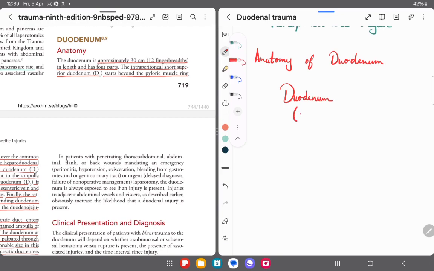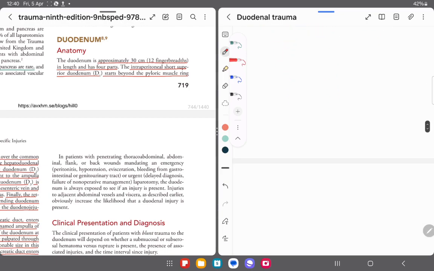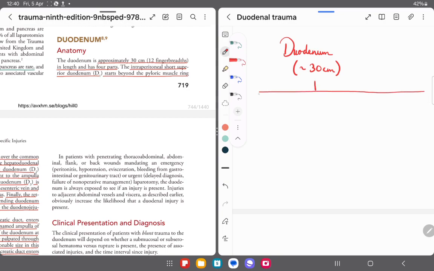How much is the length? Approximately 30 centimeter, and duodenum has 4 parts. So we have D1, which is intraperitoneal short superior duodenum.